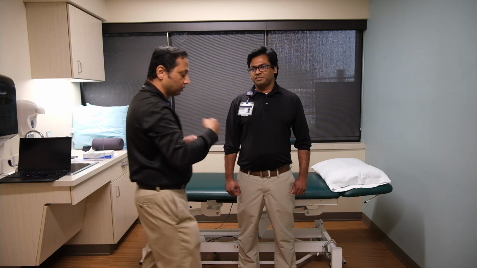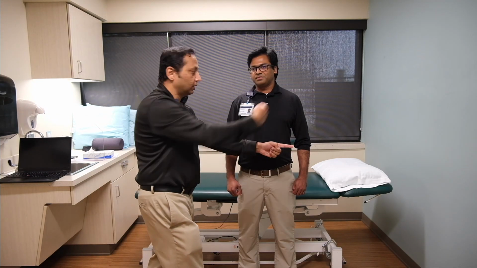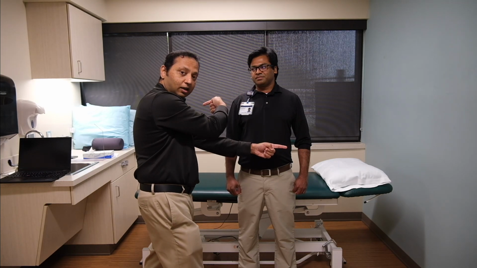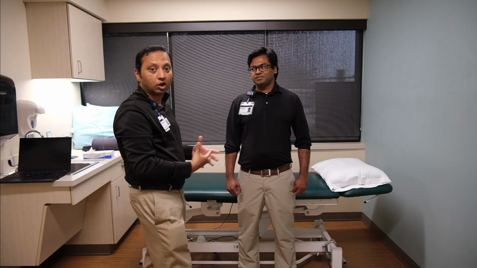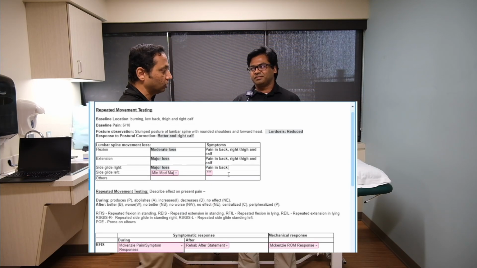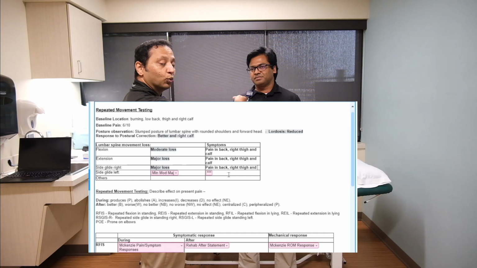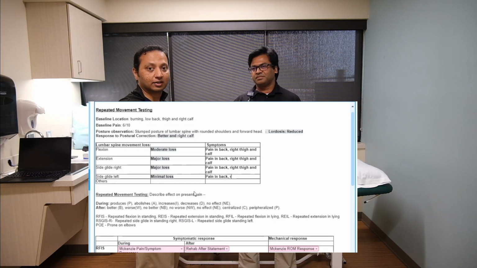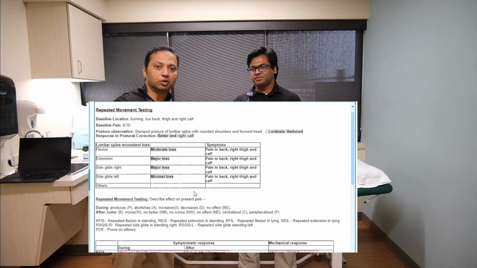Whereas when we did the opposite, when the midsection moved left and relatively the upper body moved to the right, which is the right side glide, there was a major loss in motion. So that's how I would mark it, as major loss of motion to the right side glide, minimal loss of motion to the left side glide. And the symptoms stayed about the same in this case.